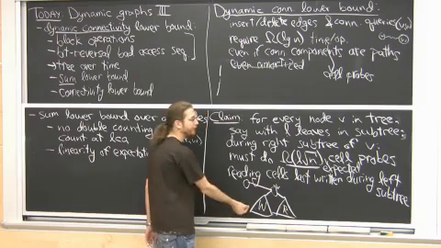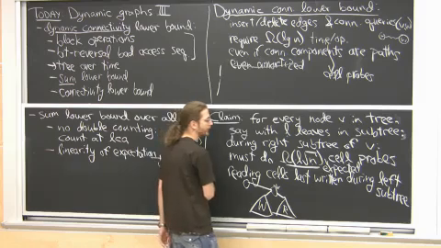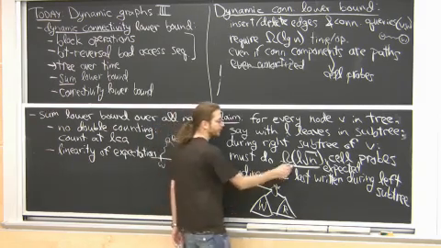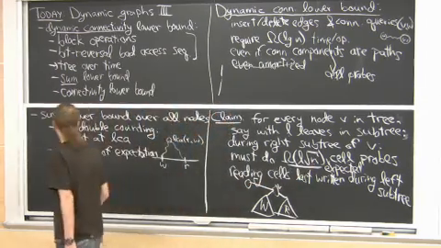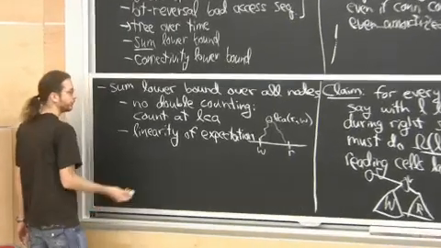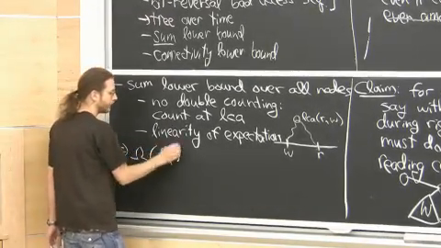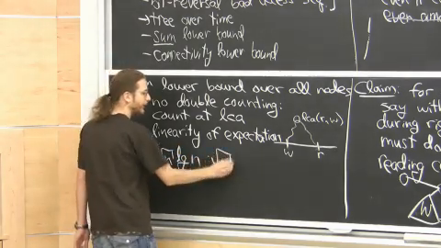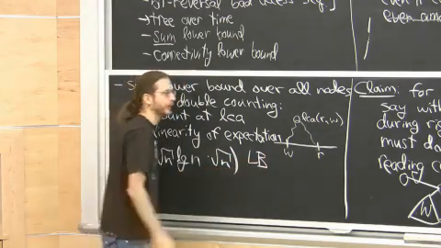Well, every leaf appears in log n subtrees. So we get the total size of the tree times log n for this, and we get another root n over here. The total size of the tree is root n, so we get this root n log n. That's when you sum up the L part. Then everything gets multiplied by root n. And that becomes our lower bound, and that's exactly what we need over here.